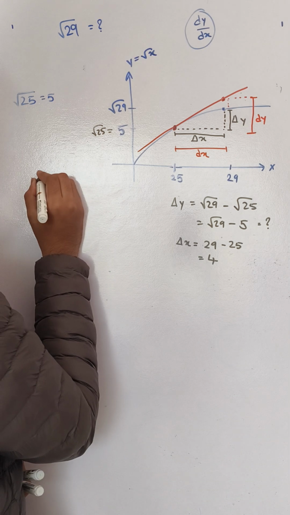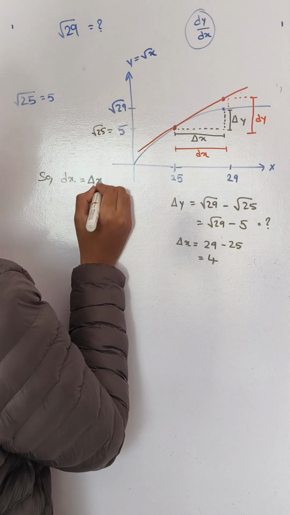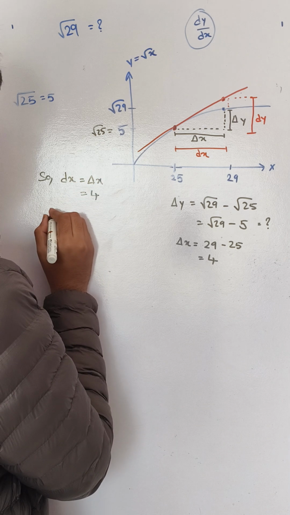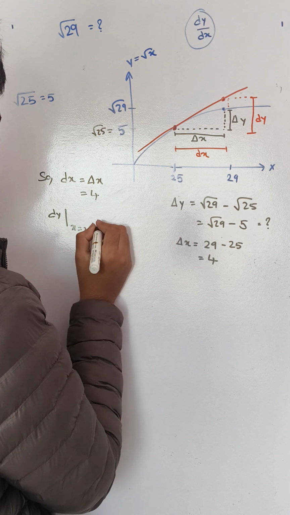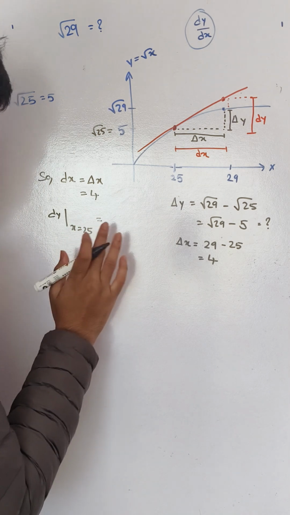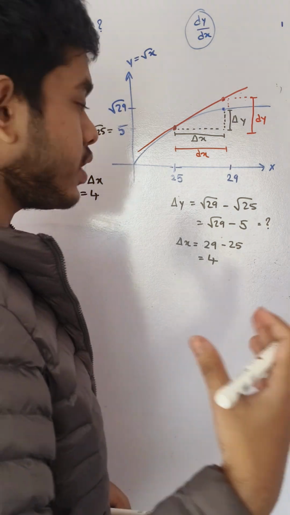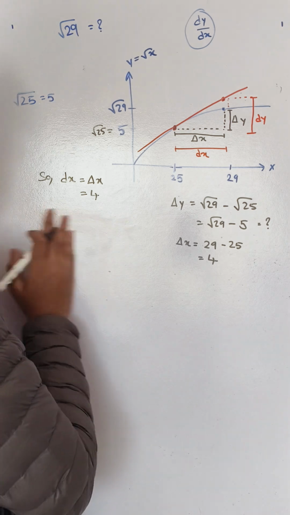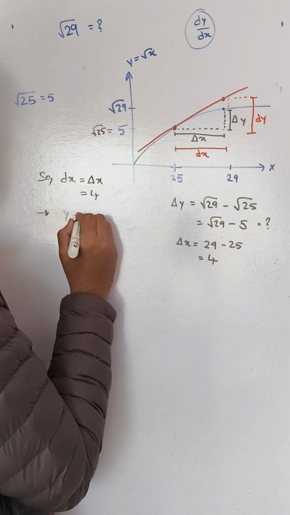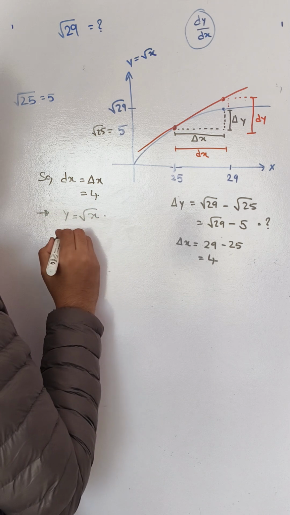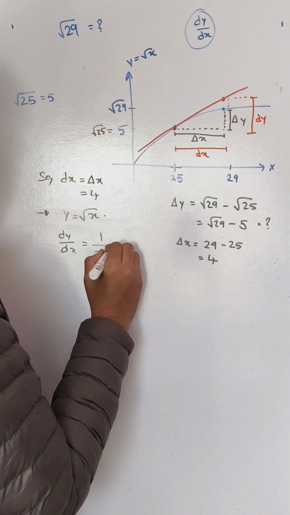So here we can write dx equals del x equals 4. Now dy at x equals 25. To calculate dy, we have to take the help of differentiation. So y equals root under x. So dy by dx equals 1 by 2 root x.